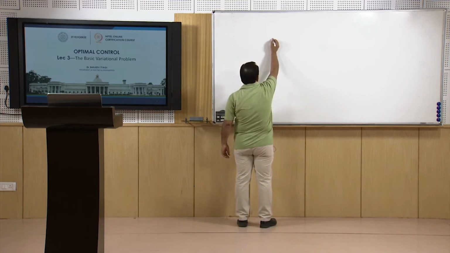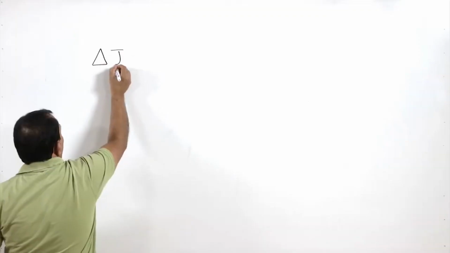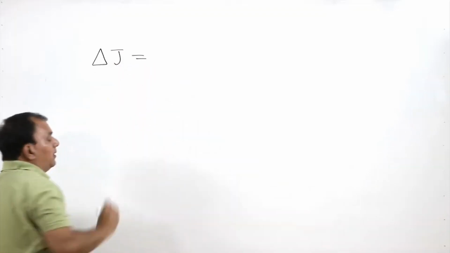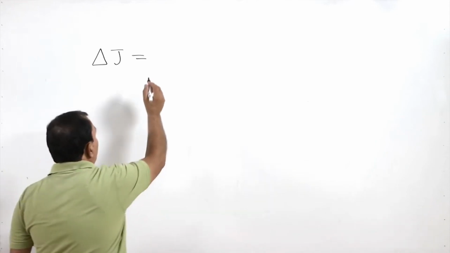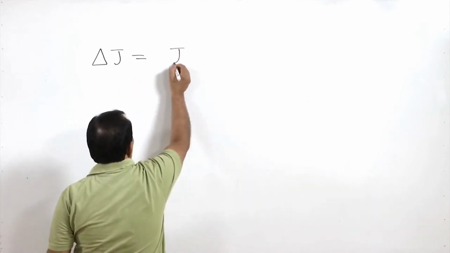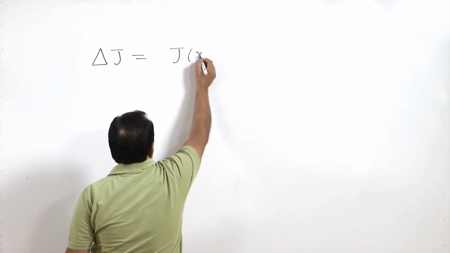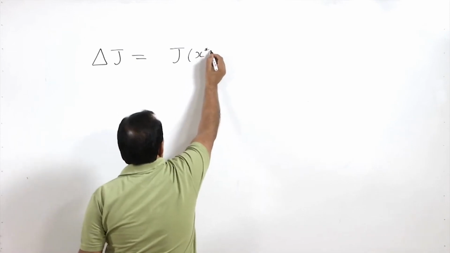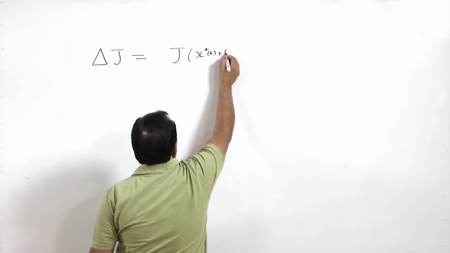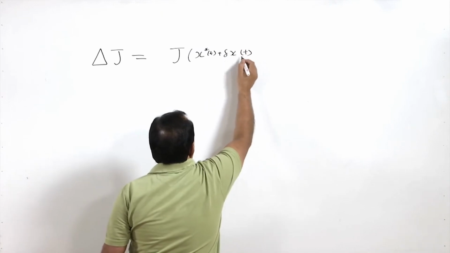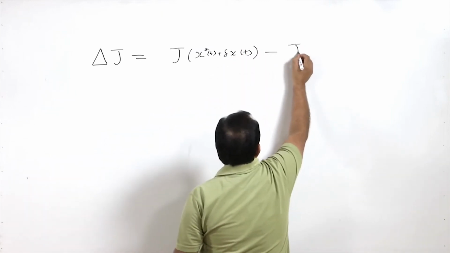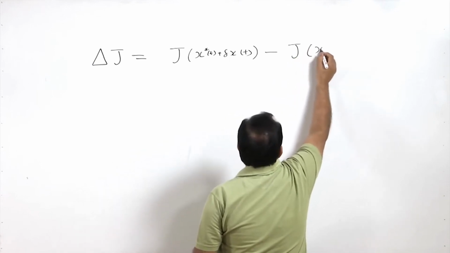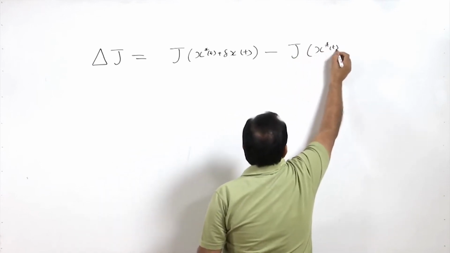To start my problem, my objective is to find the increment in J, and by definition the increment in J is defined as J at x star plus delta x(t) minus J at x star of t.